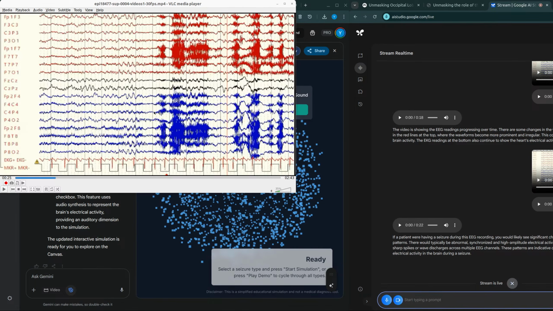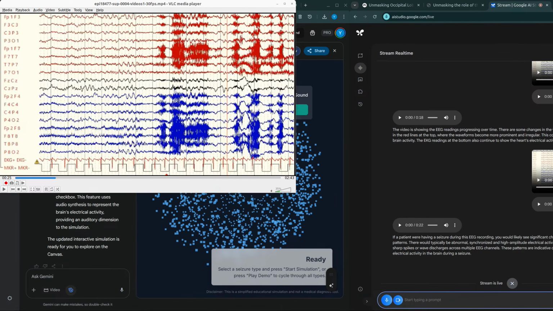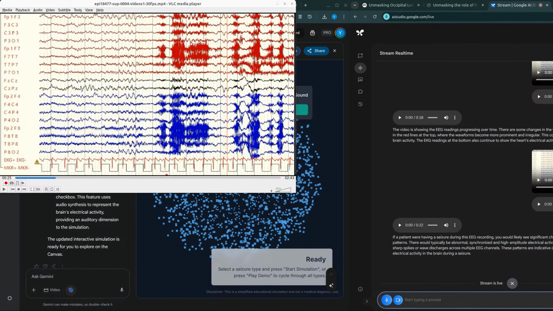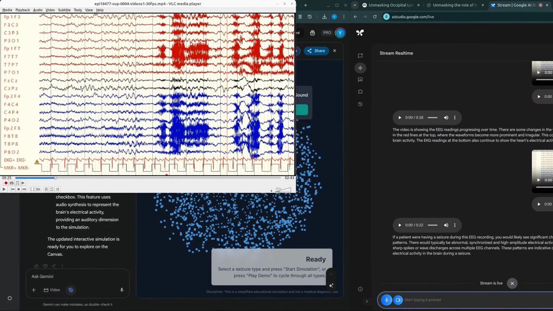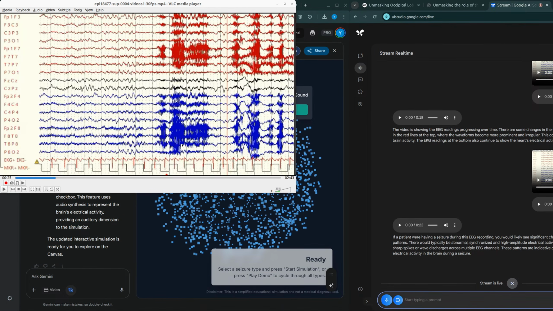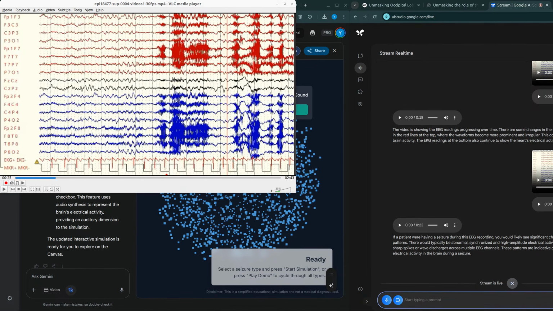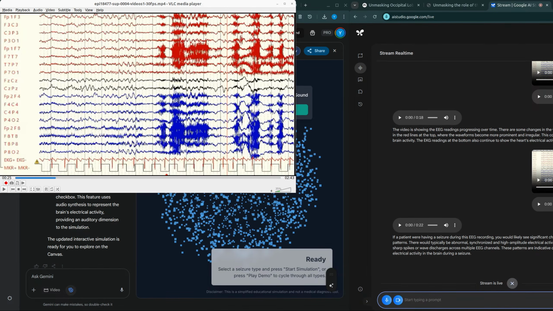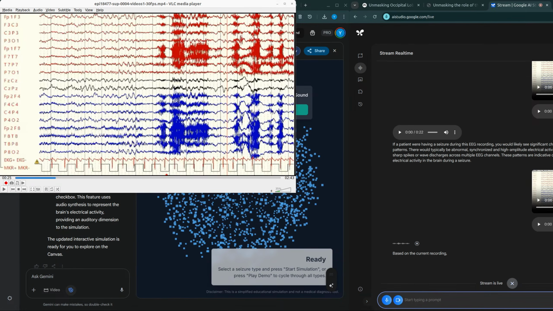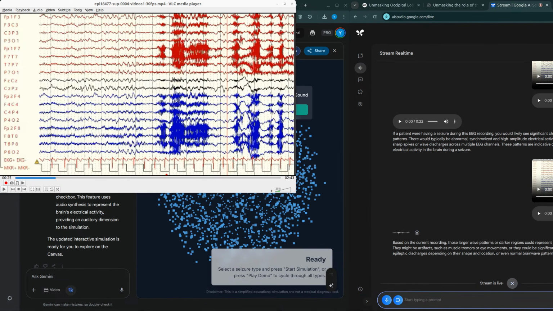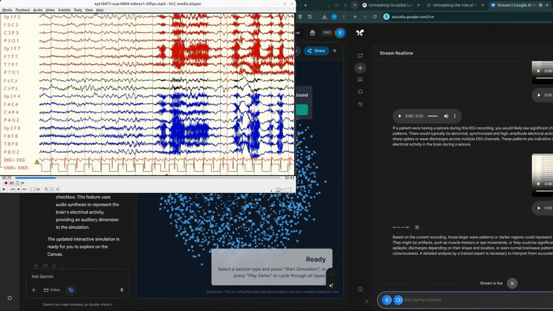Okay, can we stick to the current recording that you see on the screen? The squiggles there, the larger activity, the darker regions, what do you think they are? Assuming you are an EEG expert, what are they? Based on the current recording, those larger wave patterns or darker regions could represent various electrical activities.